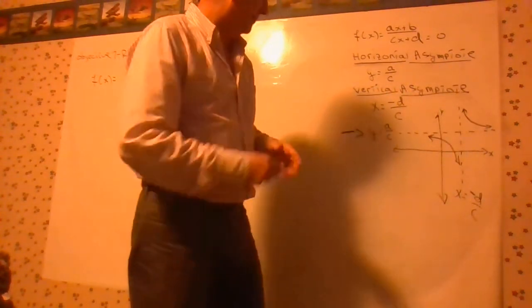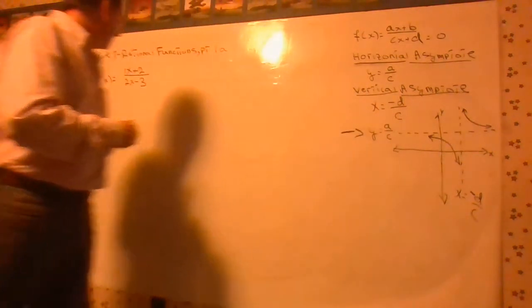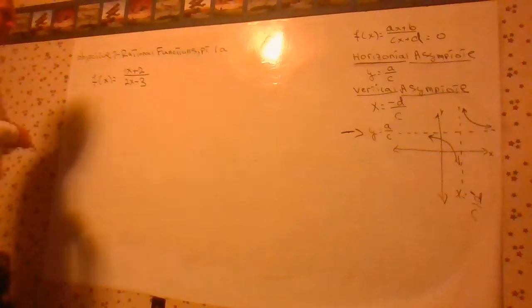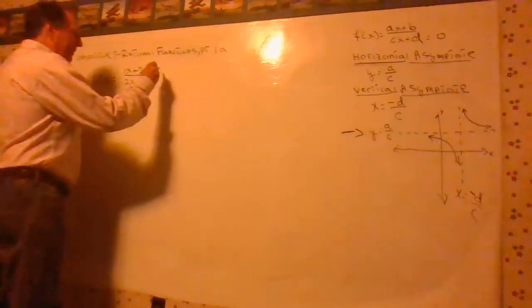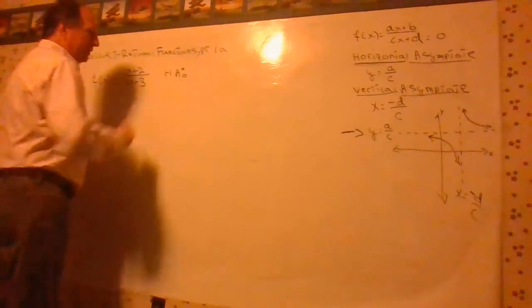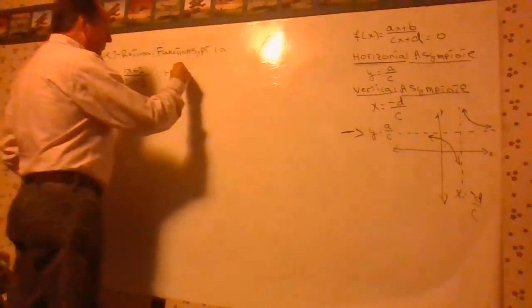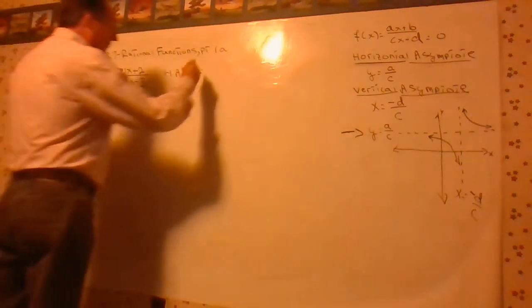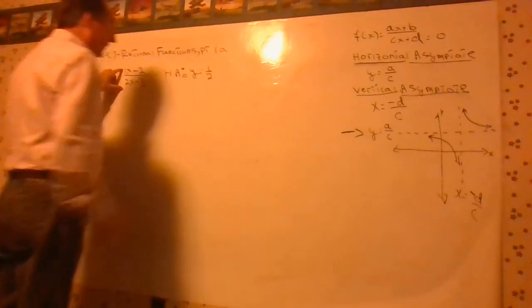It becomes indefinitely large. So in this particular instance, we have f of x equals 1x plus 2 over 2x minus 3. We can calculate the horizontal asymptote, which I'll abbreviate. It's just simply y equals these two numbers, 1/2.